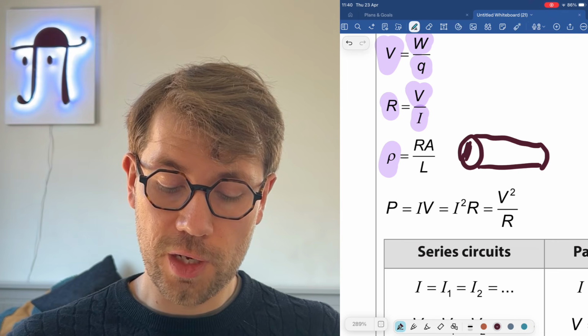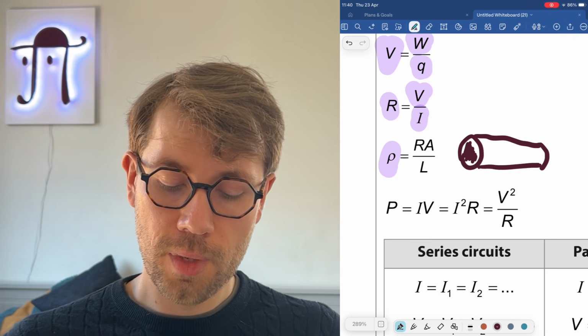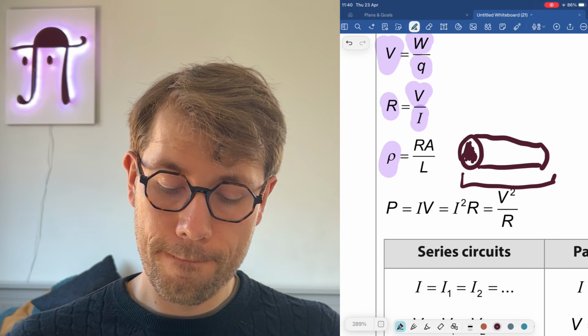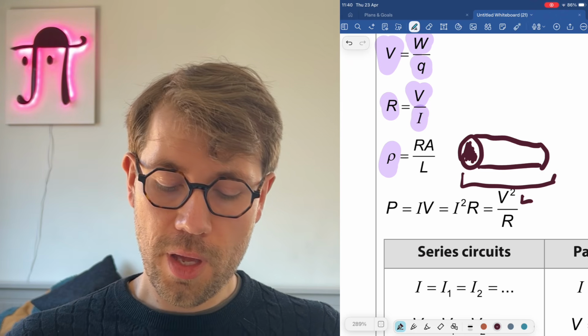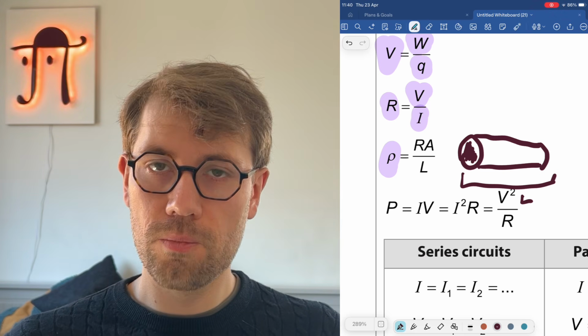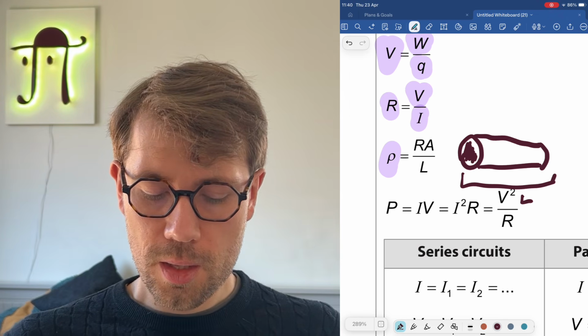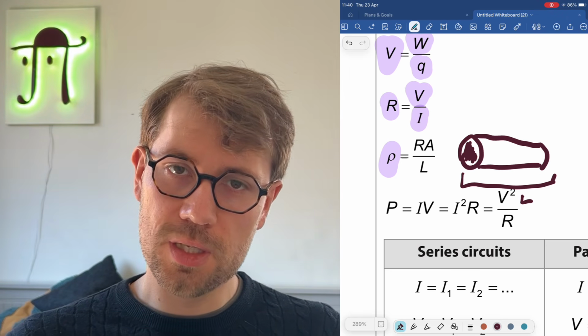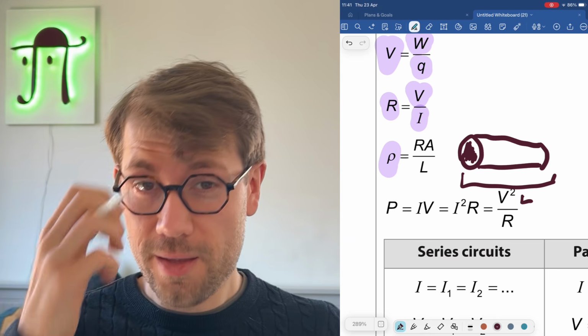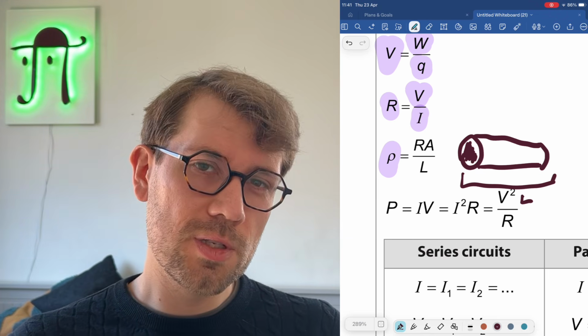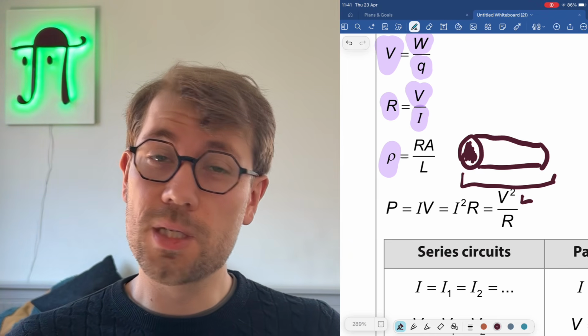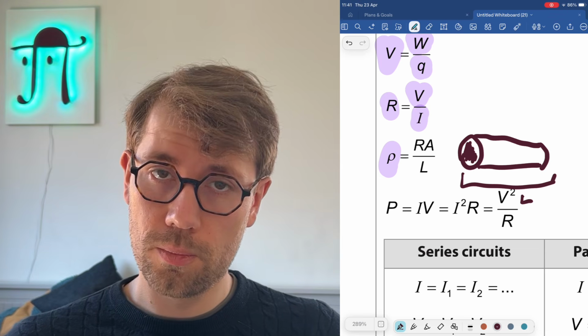If we know the cross-sectional area and we know the length and we know the resistance of that particular bit of whatever we're measuring, then we can use that to calculate the resistivity. Again, that's a property of a material. It's similar to resistance because it tells us how much a material resists the flow of current.